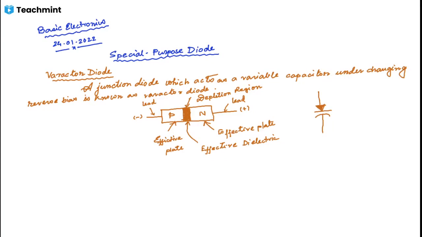Thus, the diode may be considered as a capacitor with N region and P region forming oppositely charged plates, and with the depletion zone between them acting as a dielectric. A varactor diode is specially constructed to have high capacitance under reverse bias. The values of capacitance of a varactor diode are in the picofarad range. So understand what a varactor diode is.